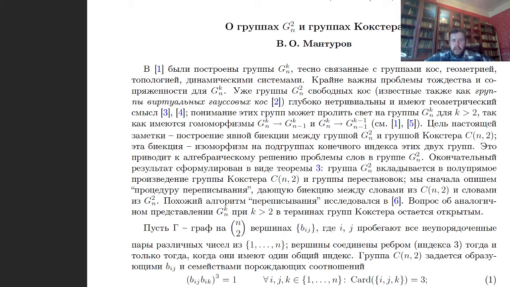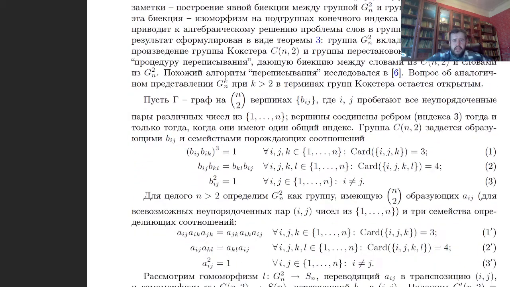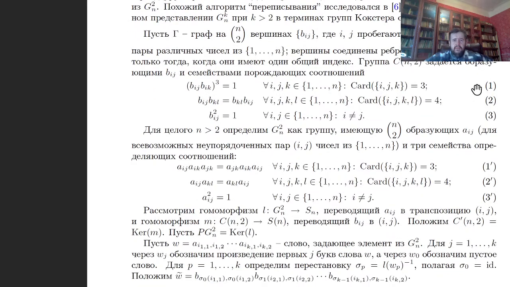Okay, so here it is called On groups G and 2 and Coxeter groups, and here you see I have the definition of the two groups GN2 and CN2. You can magnify it if you wish, and here are the generators. You see, in one case I have generators when something cubed equals 1, and in the other case I don't have it, but I have something like that. So excuse me if I used some other notation before.